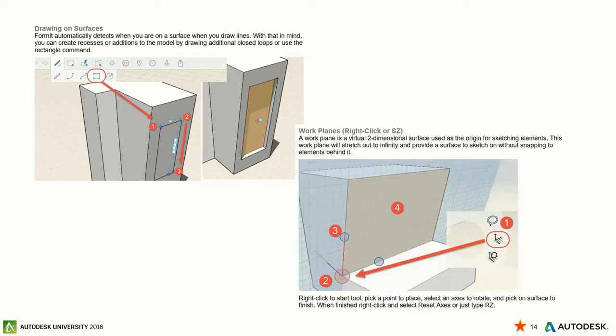There is a tool in FormIt where you can change the work plane. So if you want absolute control, saying, no, FormIt, I want you to only look at this surface and only this surface, if you right-click, and this is the biggest thing with FormIt, when in doubt, what do? Right-click. There's a lot of right-click menus going on with FormIt, okay? So understand that if you right-click, you can grab the work plane tool, you can pick it wherever you want, you can rotate the axis around wherever you need, and then you have complete control.